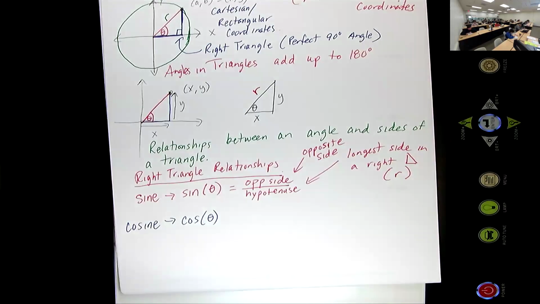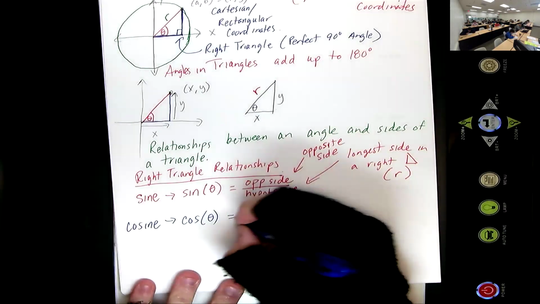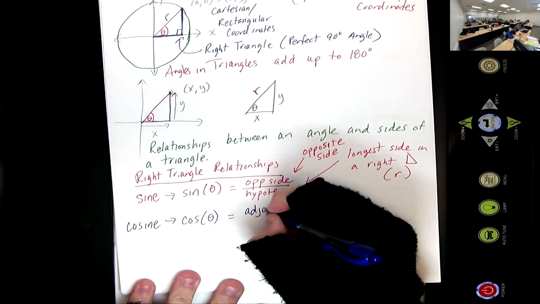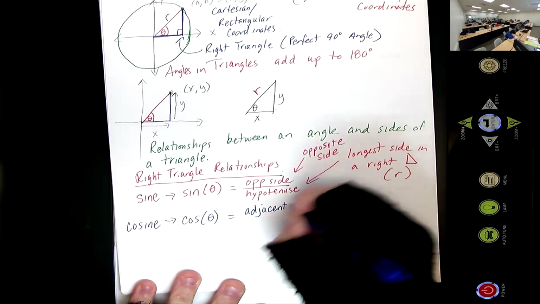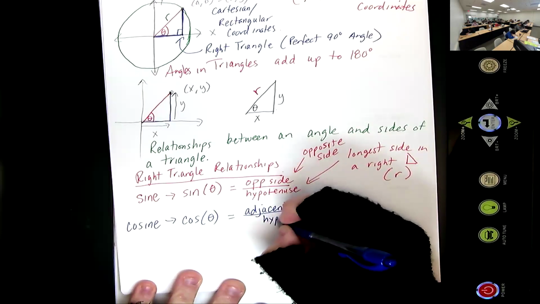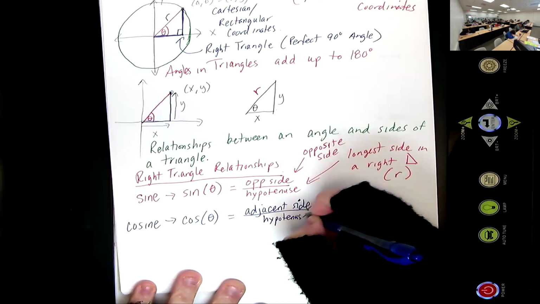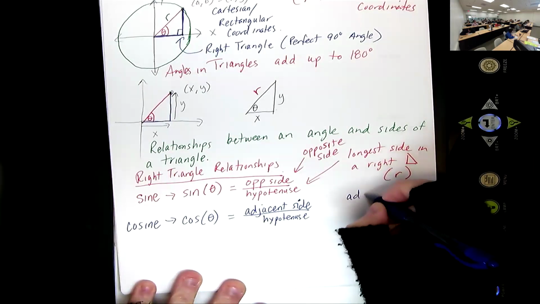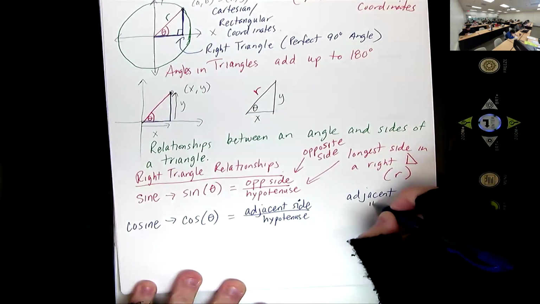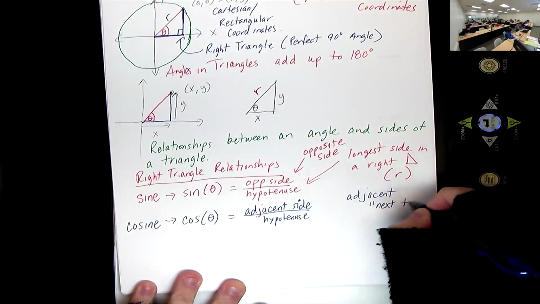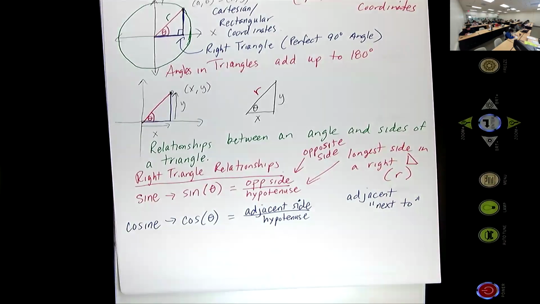Cosine is adjacent side over hypotenuse. And adjacent means next to. If you're unfamiliar with this word, it means next to, or alongside.